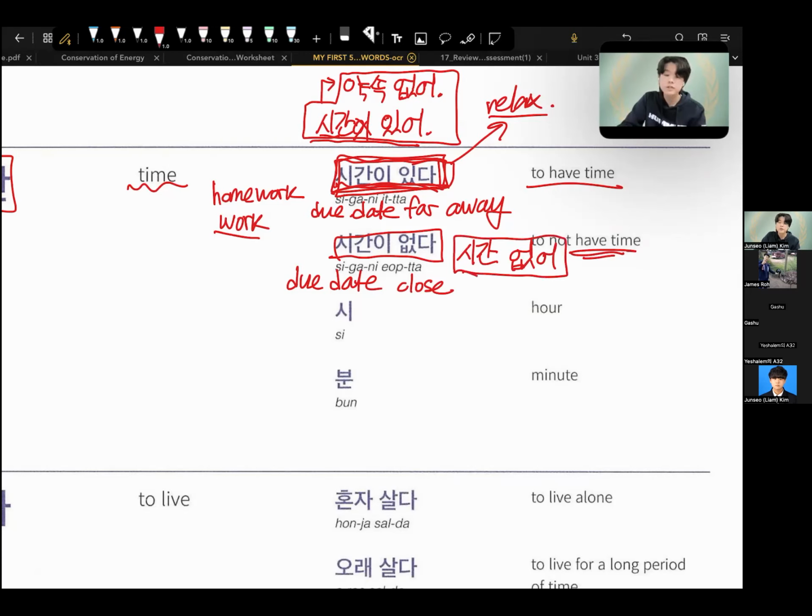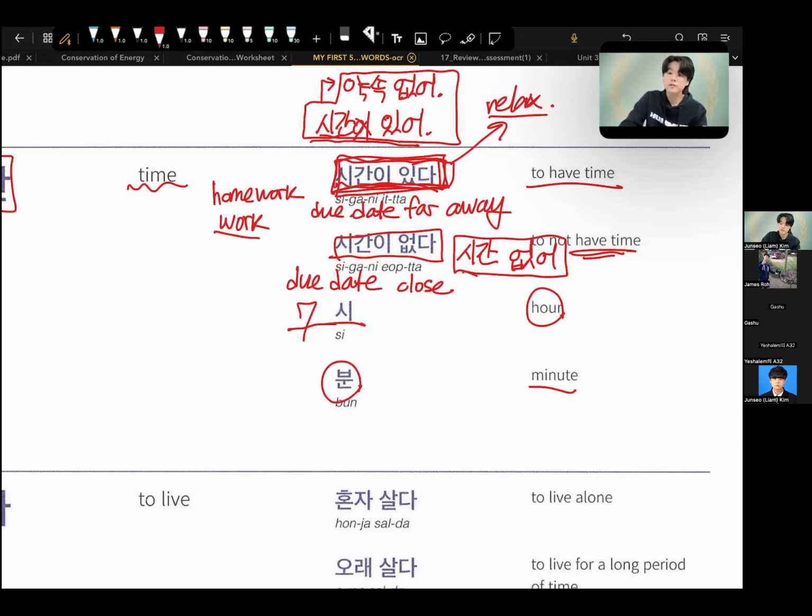Is everything clear by now? Yeah. Okay. To express the hour, people say 시. For example, now it's 7, 7시. So 7 o'clock is 7시. And people say 분 to express the minute.